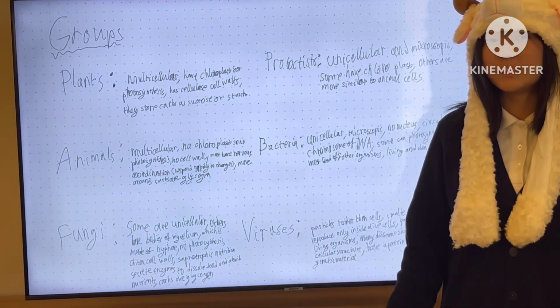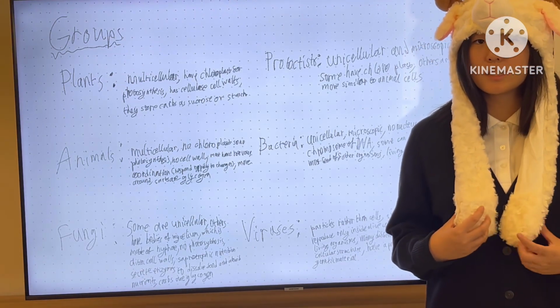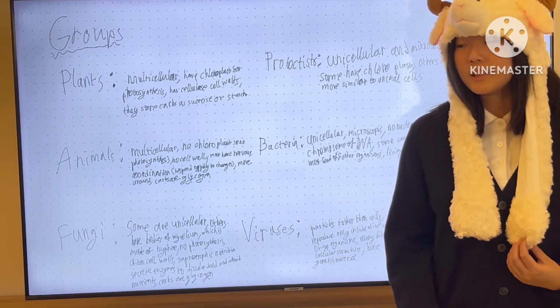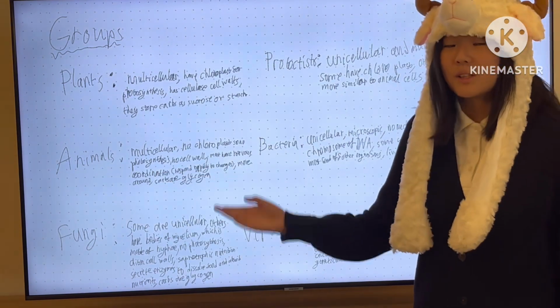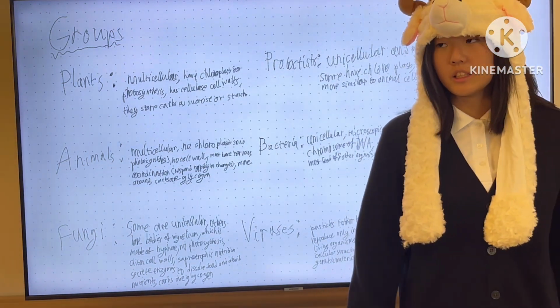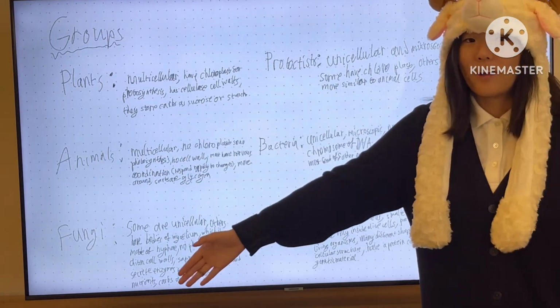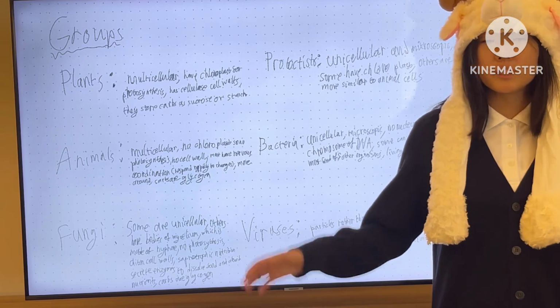Animals are also multicellular, but don't have chloroplasts because they don't go through photosynthesis and instead eat other organisms for nutrition. Most have nervous coordination, which means they respond rapidly to changes around them. And all animals move around, for example, using their legs to walk or using their wings to fly.